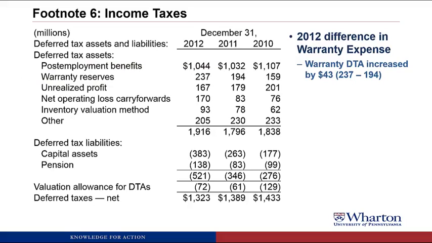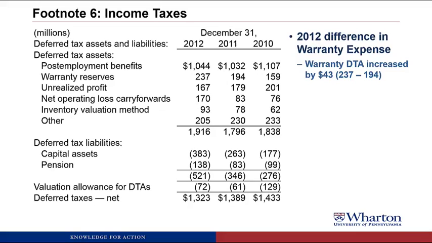Now the reason why there's a deferred tax asset here is that for financial statement purposes, warranties are expensed when you sell goods to the customers. But for tax purposes, there's no tax deduction until you actually pay the cash to fix the product down the road. So it works just like bad debt expense, where the financial statements get the expense first and the tax deduction comes later. So what does this increase in deferred tax asset of 43 mean?